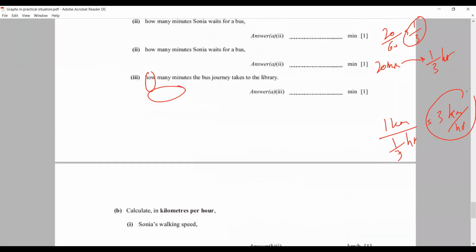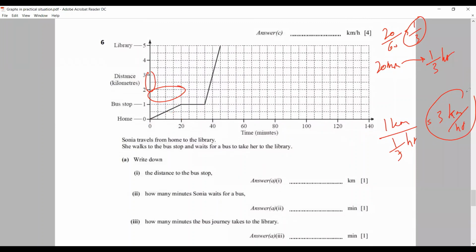And the speed of the bus, it should be way higher than this. It's obvious from the slope of this line. That's way steeper than this stage. So again, same thing. Another misconception here, another mistake that the students make, they actually calculate the whole distance from home to library.